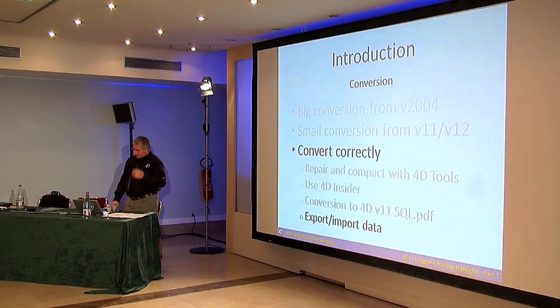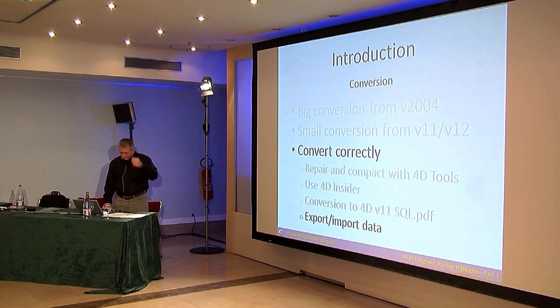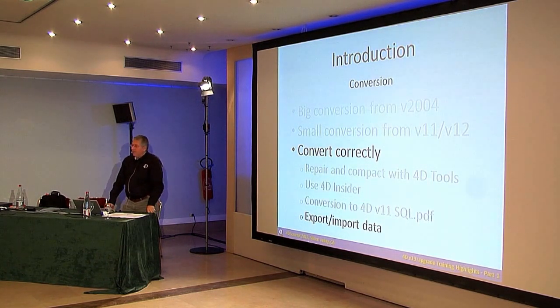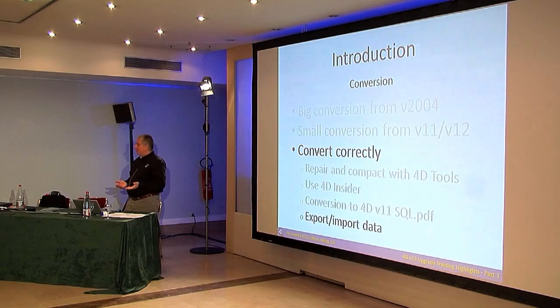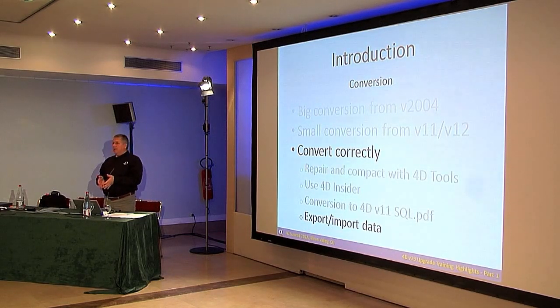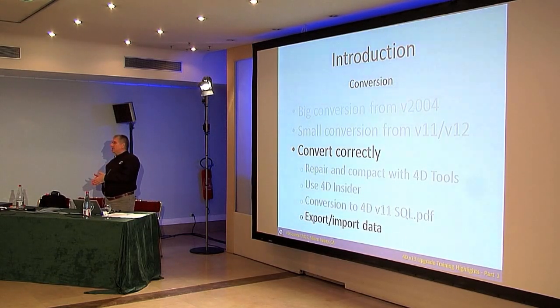And last but not least, a tip from me: don't waste too much time to repair a corrupted data file or corrupted indexes or what else. Simply export your data in v2004, and if you have converted the structure into v11, 12, 13, re-import your data there. So you do not have to struggle with any repair.